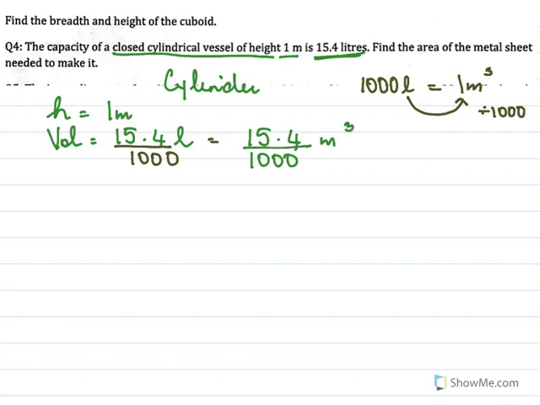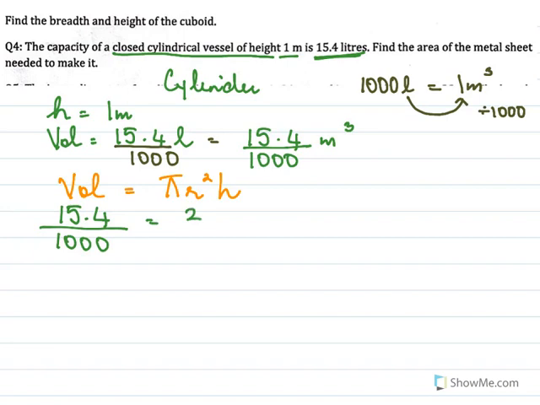Now the volume is given as a cylinder. The formula for volume of cylinder, pi r square h. Now we put our values. So we have volume is 15.4 over 1000, 22 over 7 r square. Your h is given as 1.